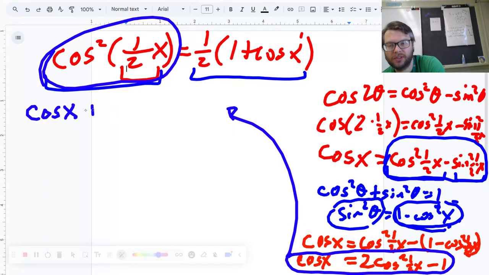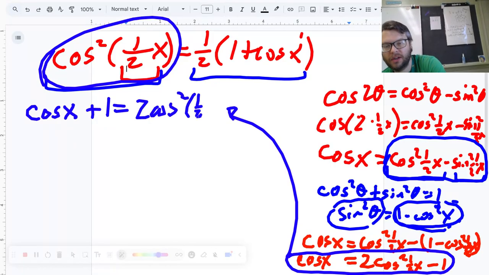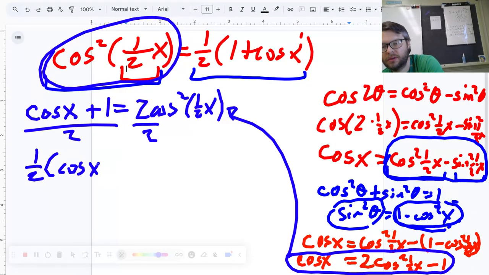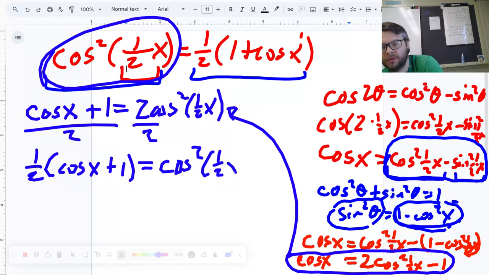So cosine x plus 1 has to equal 2 cosine squared of a half x. Then I can divide both sides by 2. And that's the same as multiplying it by a half. And then I've got the statement that I was asked to prove. Boom.